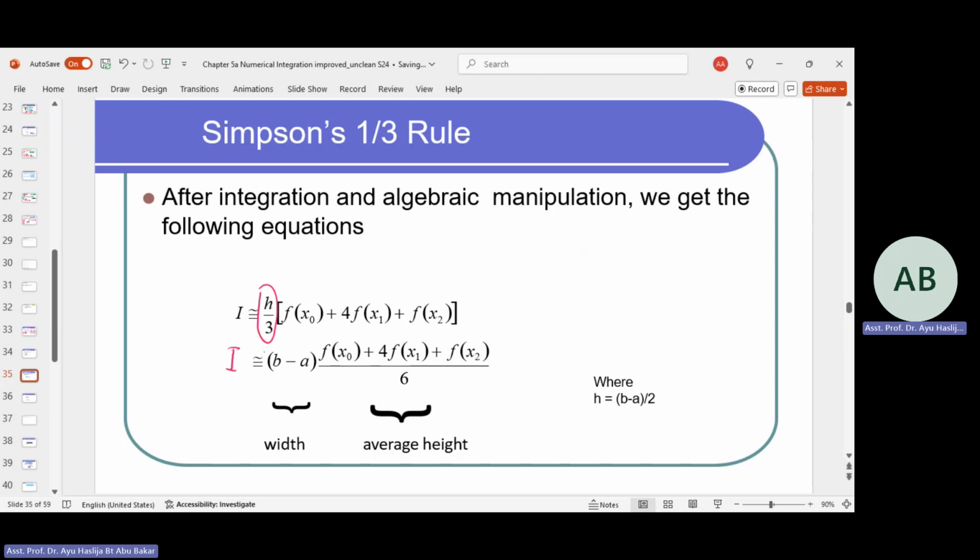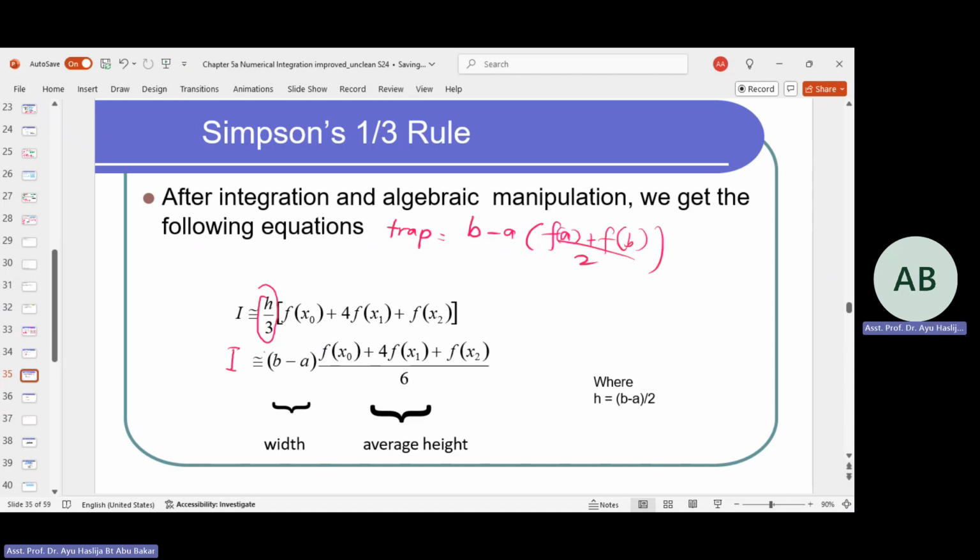H over 3. Trapezoid last time, we have B minus A multiplied by FA plus FB over 2.